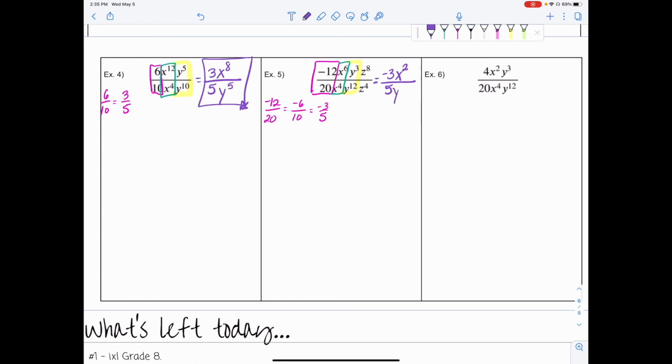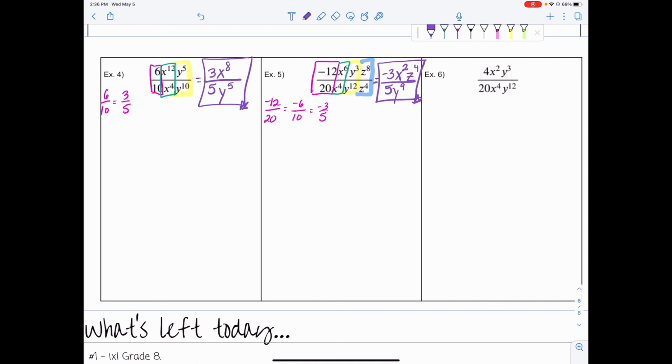We subtract our exponents. 12 minus 3 is 9. And then for our last one, we have our z's. So we have z to the 8th over z to the 4th. The larger exponent is in the numerator, so z is going to end up in the numerator, and 8 minus 4 is 4. So our final answer: negative 3x squared z to the 4th over 5y to the 9th.